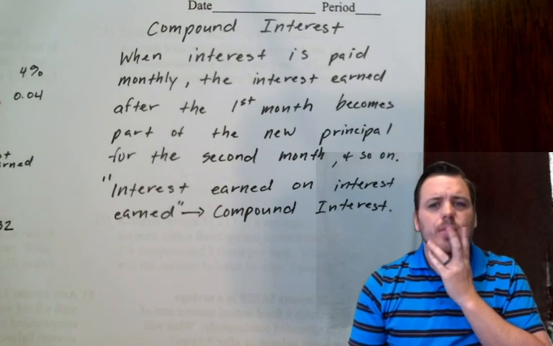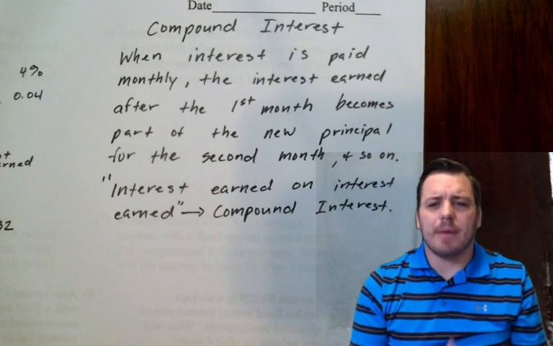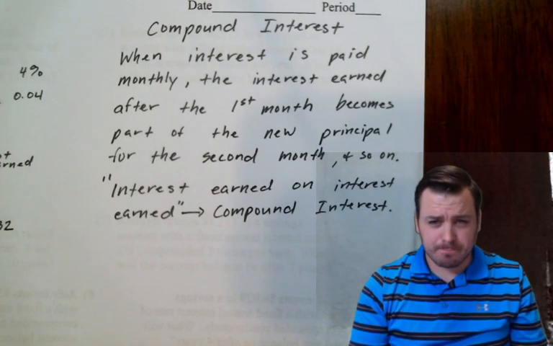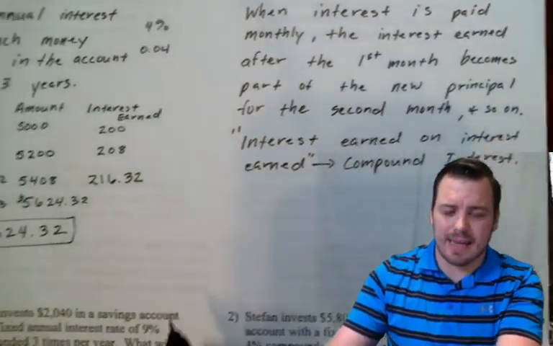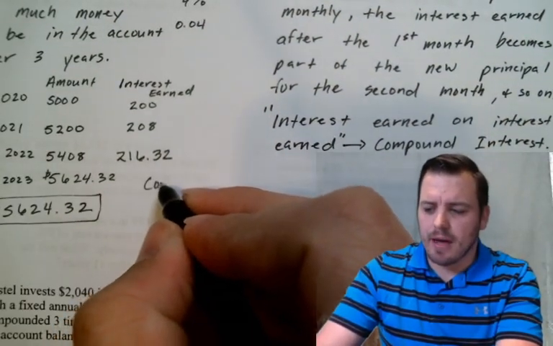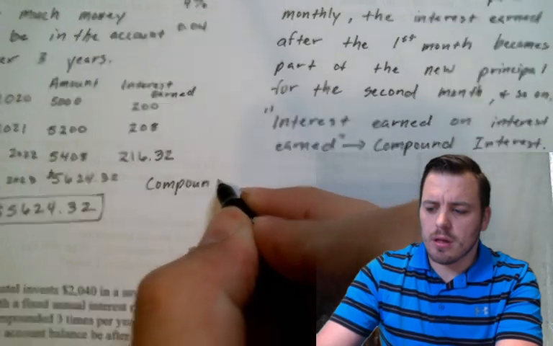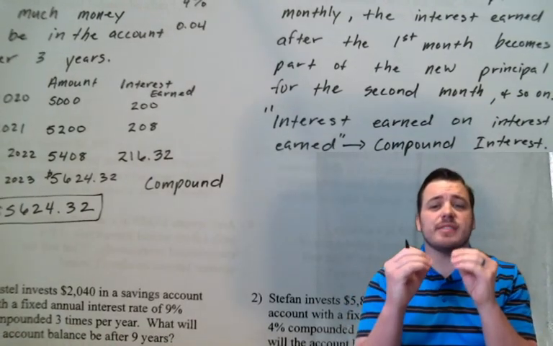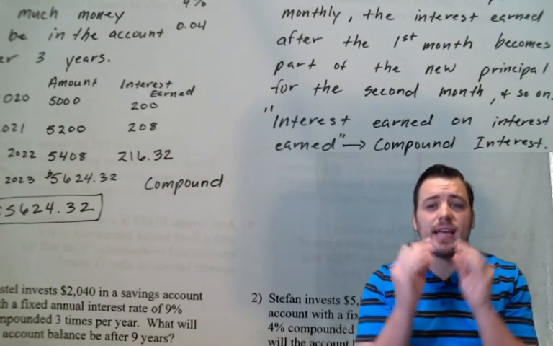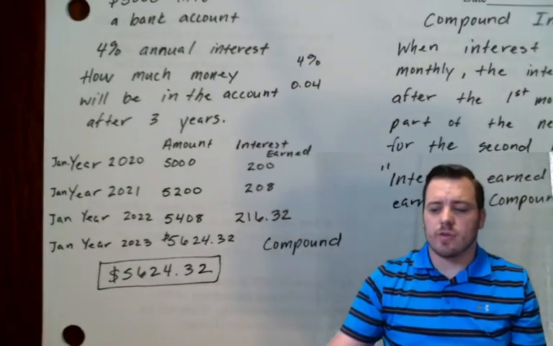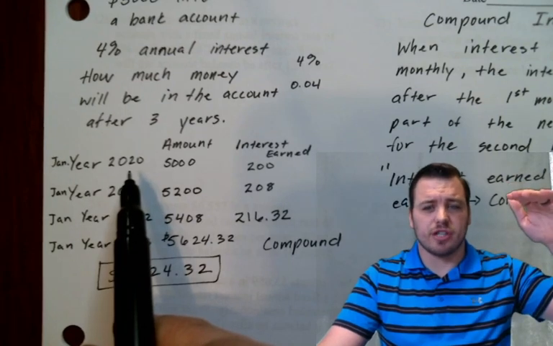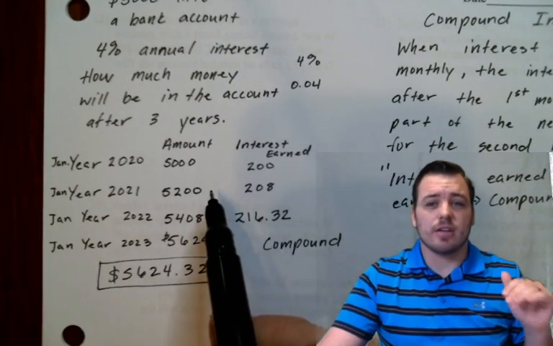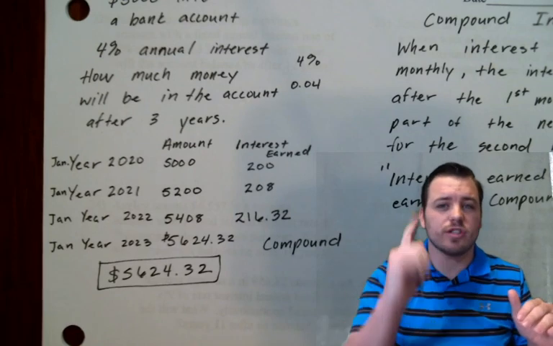Now, interest can be compounded many different ways. Some banks compound it, and these are just some examples here. When we say compound, what we're saying is, on this one right here, you put $5,000 in January, the bank on December 31st, they do it once a year.